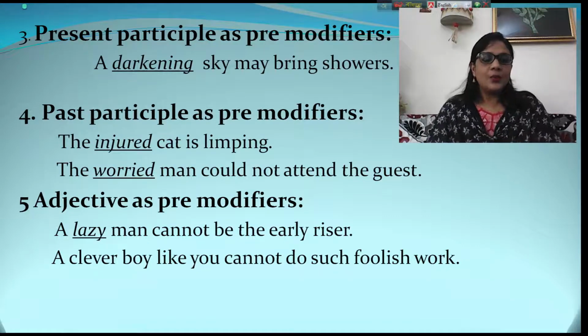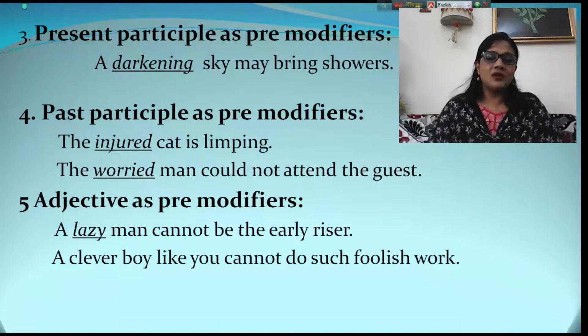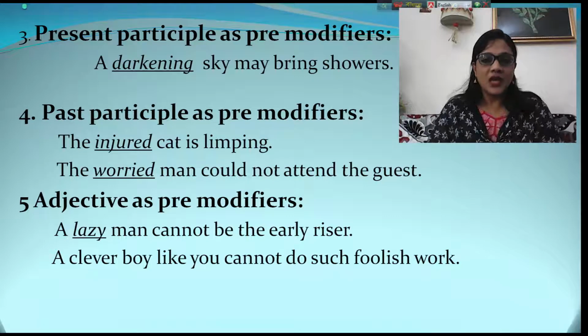Then past participles as pre-modifiers. The injured cat is limping. অর্থাৎ অসুস্থ বিড়ালটা খুঁড়িয়ে খুঁড়িয়ে হাঁটছে. বিড়ালটা কেমন, এখানে this is a cat, and here injured gives extra information about the cat, that is injured. বিড়ালটা হচ্ছে অসুস্থ একটি বিড়াল.